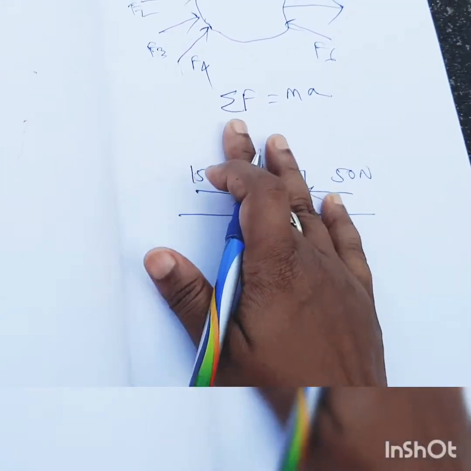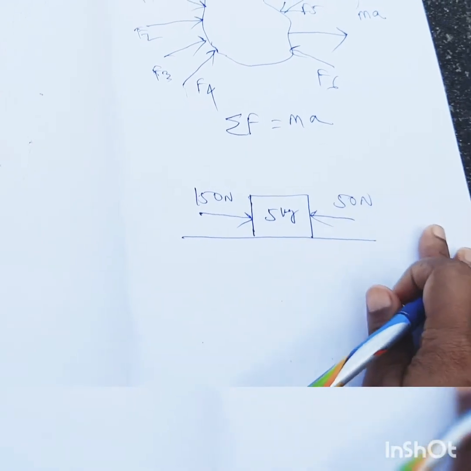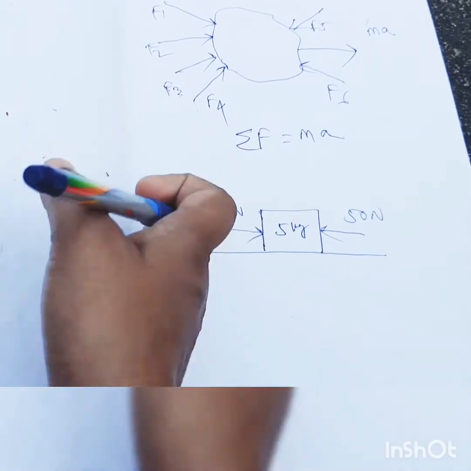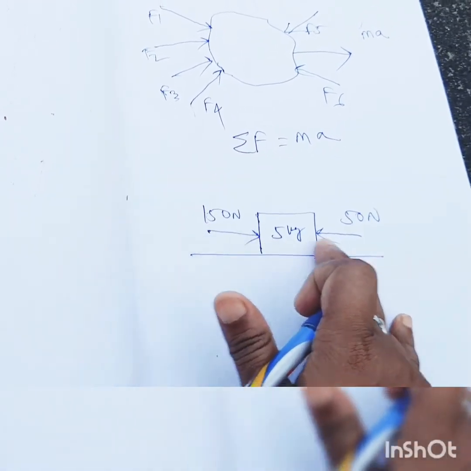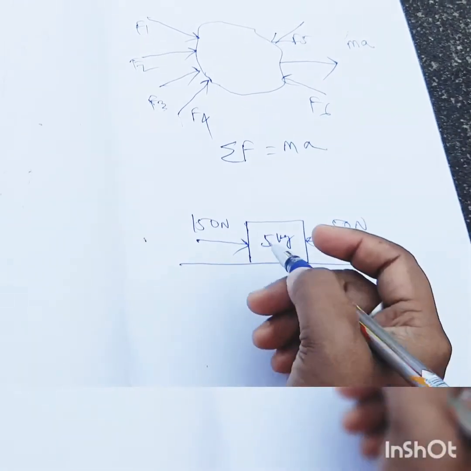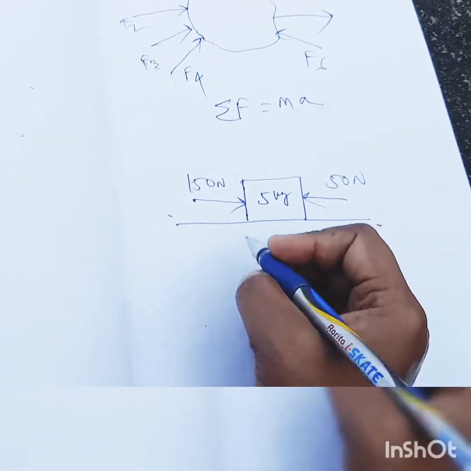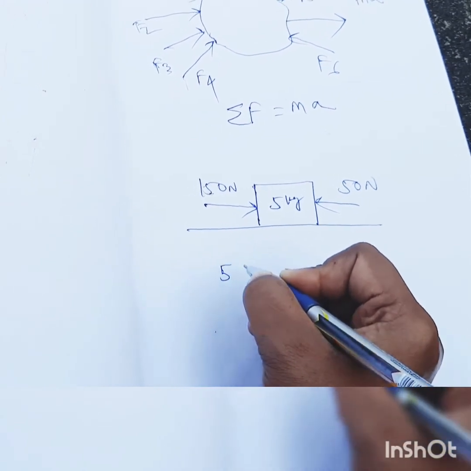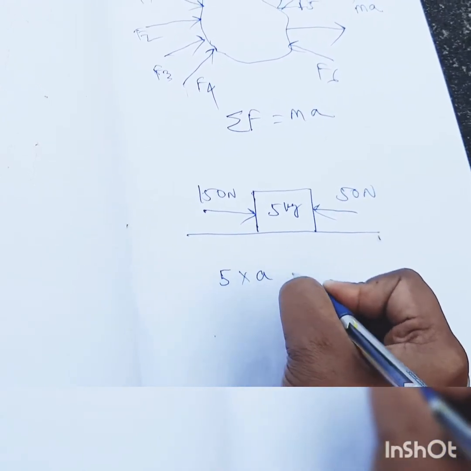We can find out the acceleration using D'Alembert's principle. This force is trying to accelerate the body in this direction, and this 50 Newton is trying to accelerate the body in this direction. So what will be the net force? Net force equals inertia force, that is the product of mass and acceleration.